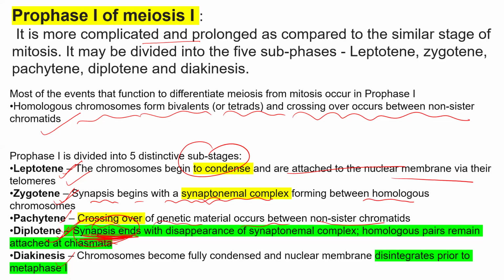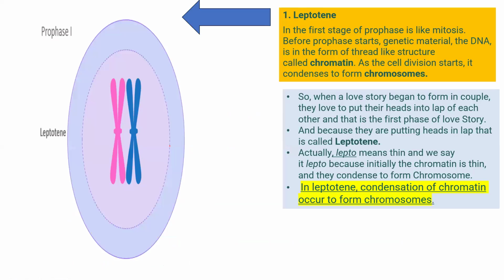Diplotene means the love and attraction between the two homologous chromosomes will reduce now. With the disappearance of the synaptonemal complex, the homologous chromosomes remain attached at chiasmata. Diakinesis: chromosomes fully condense and the nuclear membrane disintegrates prior to metaphase 1.